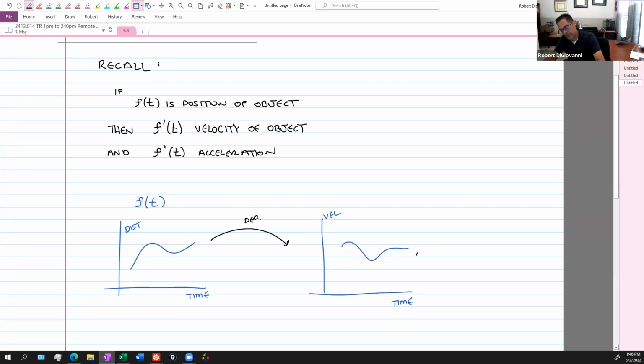And then if you take the derivative again, you get a new function where this is time and this is acceleration. And that's going to be a graph.